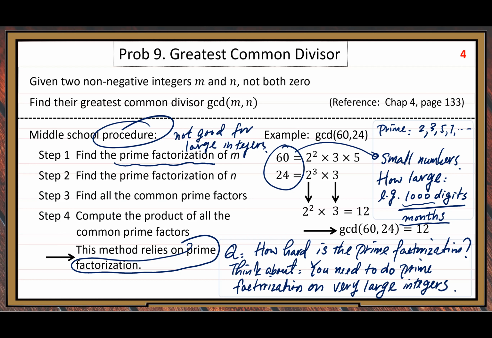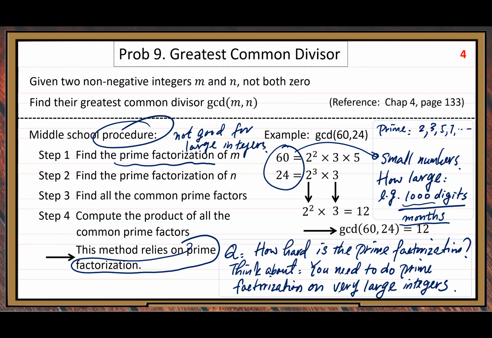If it's not good for large integers, that means we have to change. We have to find a different algorithm that is fast for large integers, for thousands of digits, so that even for those large integers, we can get answers immediately.